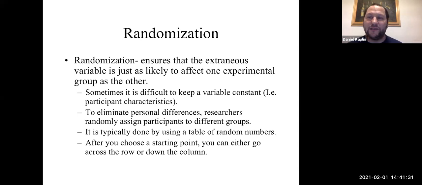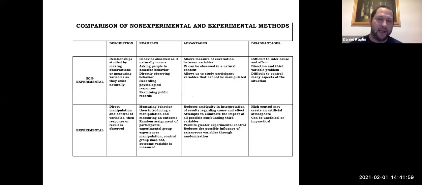A person could sign up for a study, and using SurveyMonkey or Qualtrics, you can set up a randomizer, which the computer randomly generates a condition for them. Or in a paper-based survey, you could use a table of random numbers and go down or across. If the number is odd, that person goes into one group. If the number is even, they go into a different group. So there are different ways to randomize.